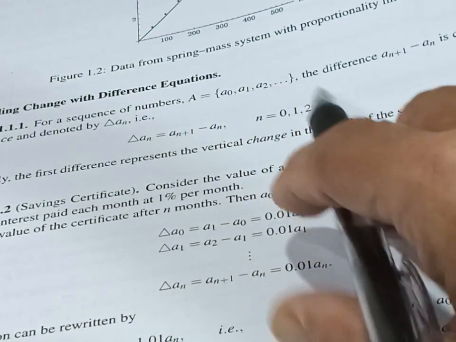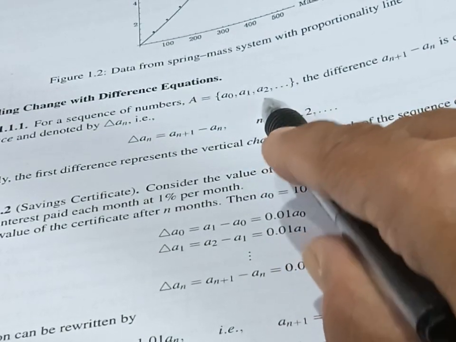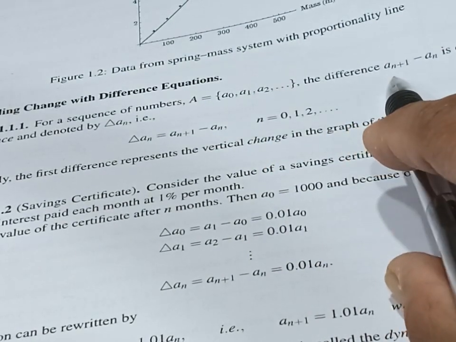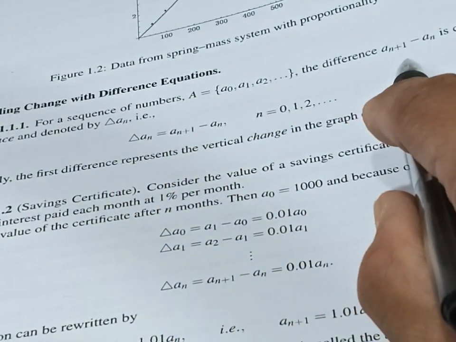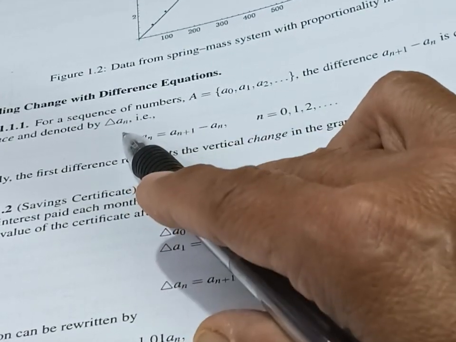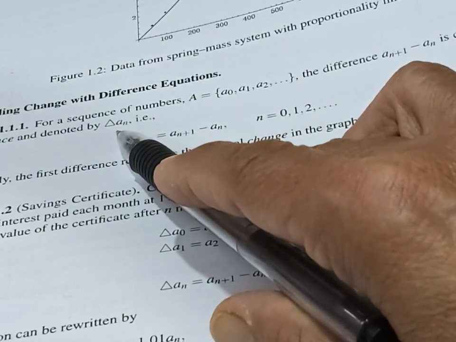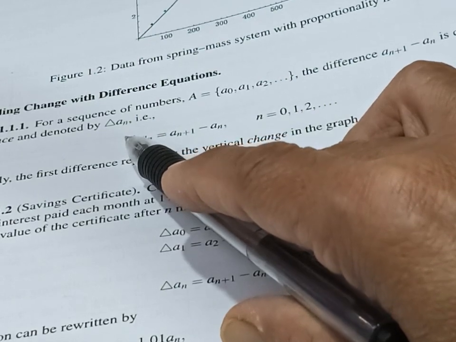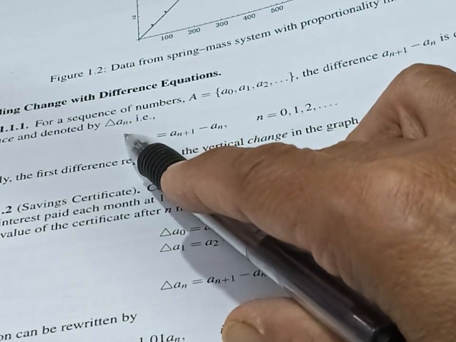So for the difference, the 0, 1, 2 in A0, A1, A2 represent the position of the numbers. The difference a_{n+1} minus a_n is called the nth first difference, meaning the position of the number n, and it is denoted by change of a_n, the symbol delta. Okay, this symbol delta means change. Change means that we measure the difference between two numbers in the sequence.